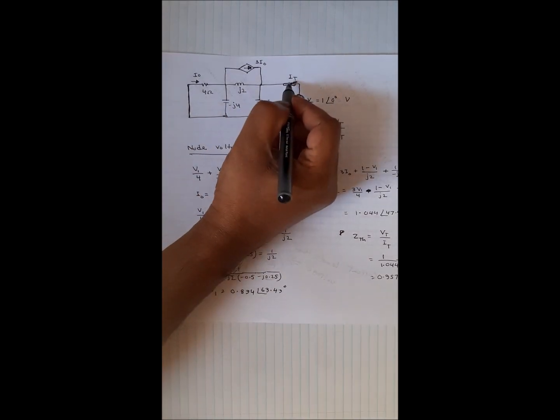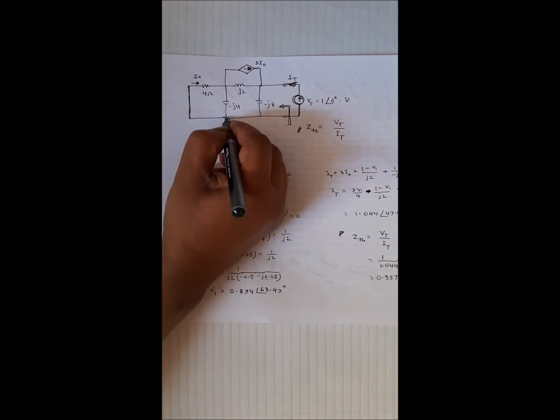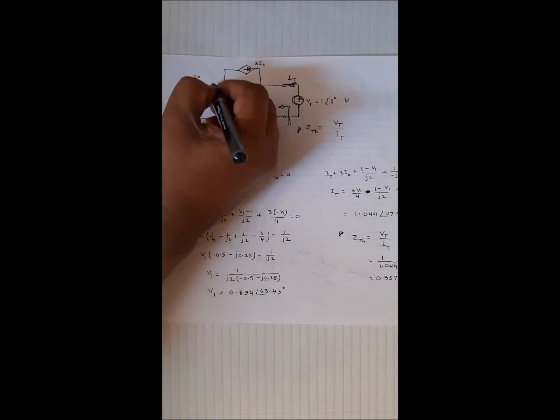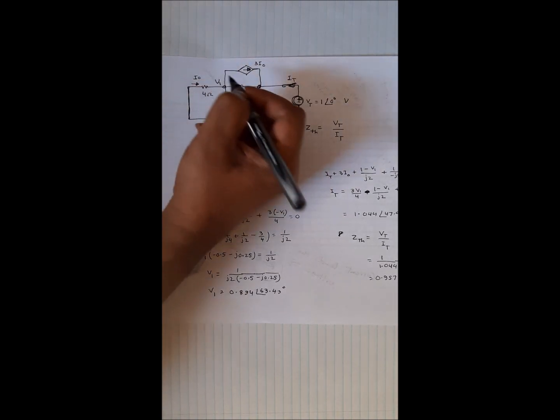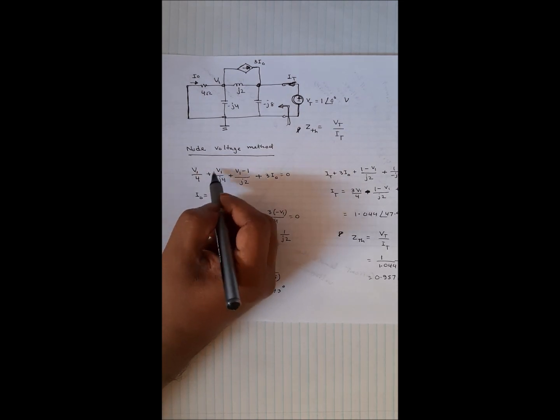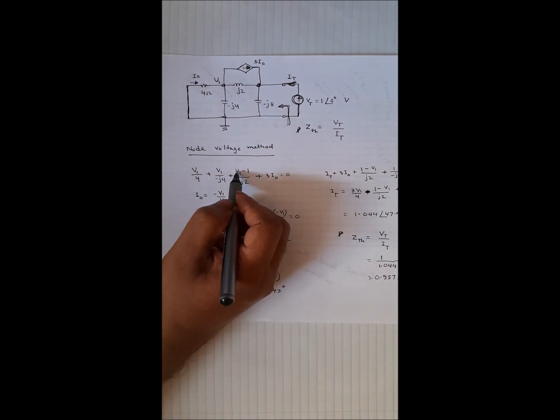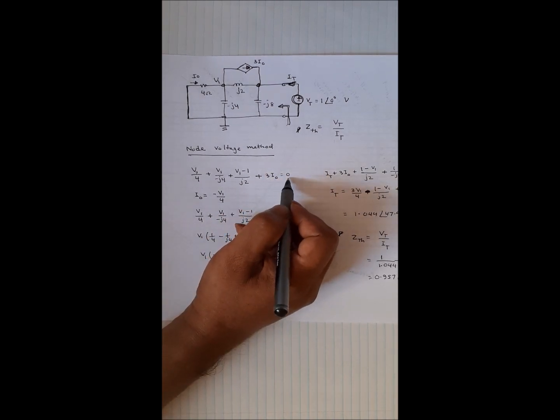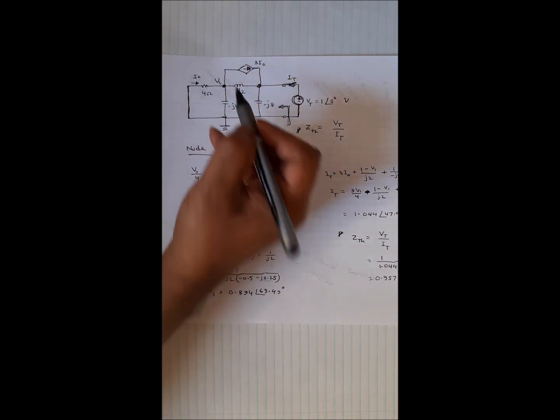So let me find IT, because Vt is known, one volt, and we need to find the IT. So again, I use nodal analysis method for solving this, and this voltage is known now, 1 volt, and this voltage will be V1. So now, V1 over 4, V1 over negative J6, V1 minus 1 over J2 plus 3 IO equal to 0, the node equation here.